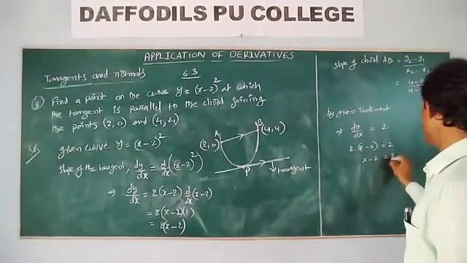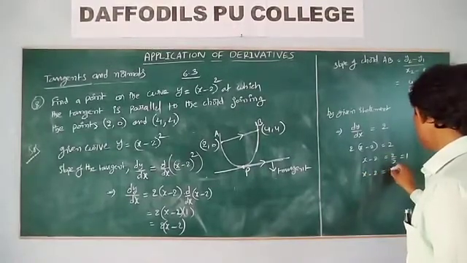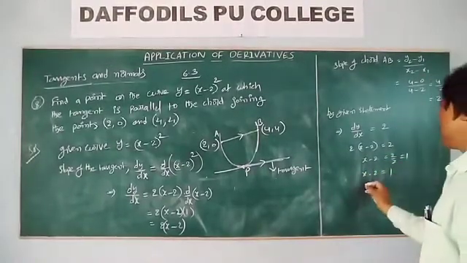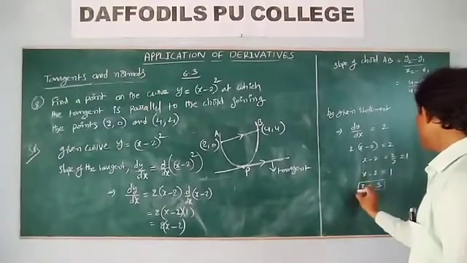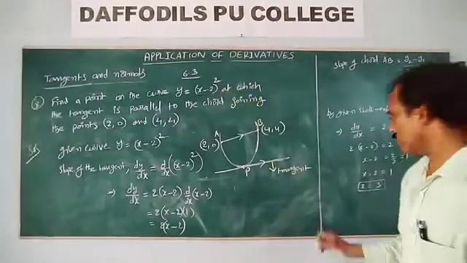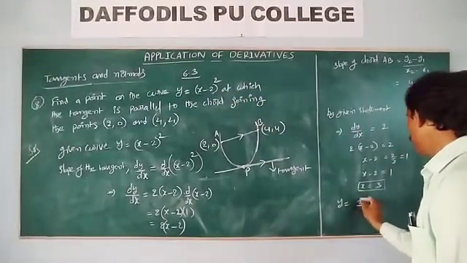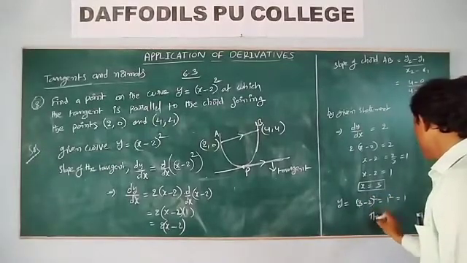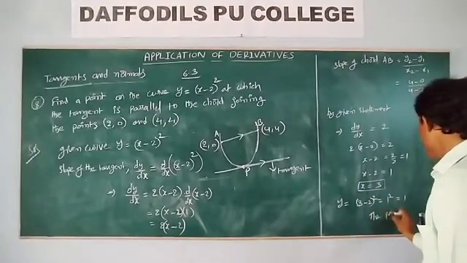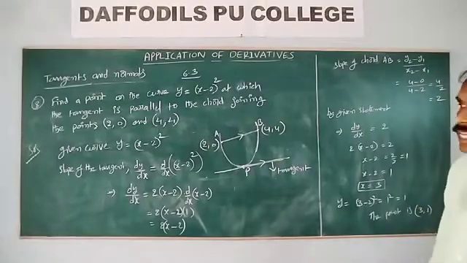So x minus 2 is equal to 2 by 2, which is 1. That implies x is equal to 3. They ask for the point, so substitute in the curve. Therefore y is equal to (3 minus 2) whole square, which is 1 square, 1. Therefore the point is (3, 1).